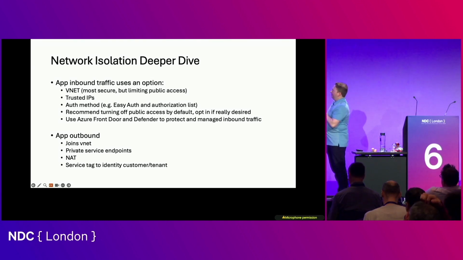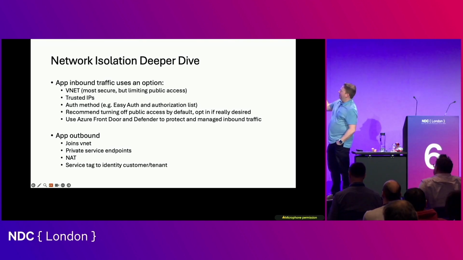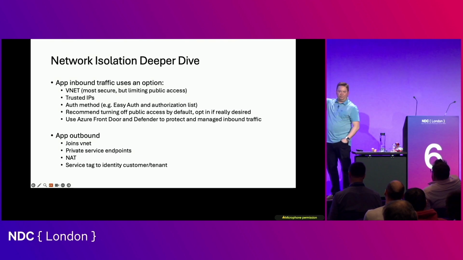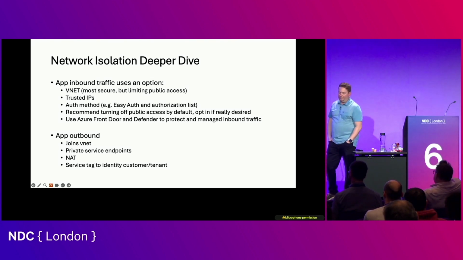For outbound, you want to join the VNet, and that's less aggressive and disruptive to your user experience. It's more about protecting the rest of your fleet from that app. So you join the VNet, and then we create tiny little pokes through the firewall with things called service endpoints and private endpoints.